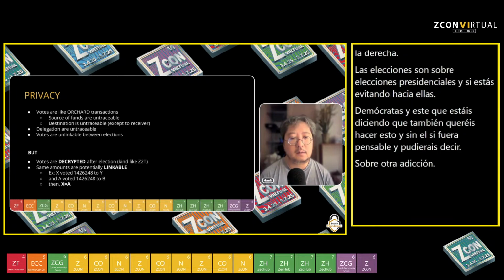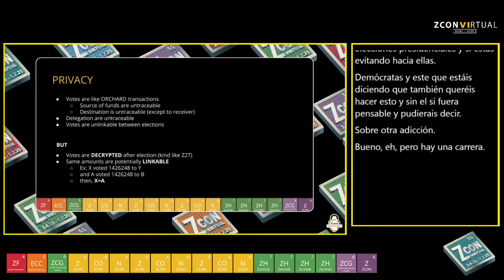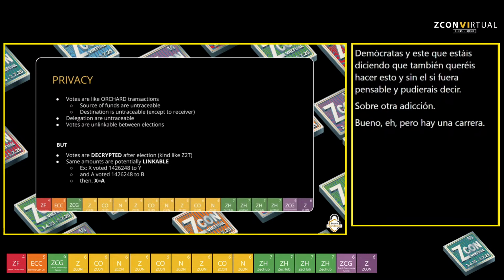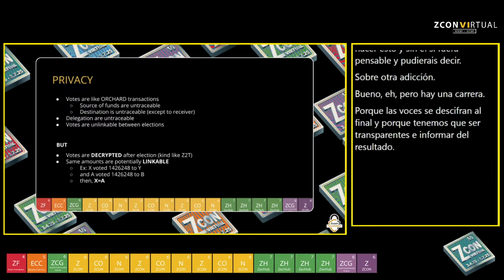Okay, but there's a caveat. Because the votes are decrypted at the end, and because we have to be transparent and report the outcome, we have to show the result of the election.